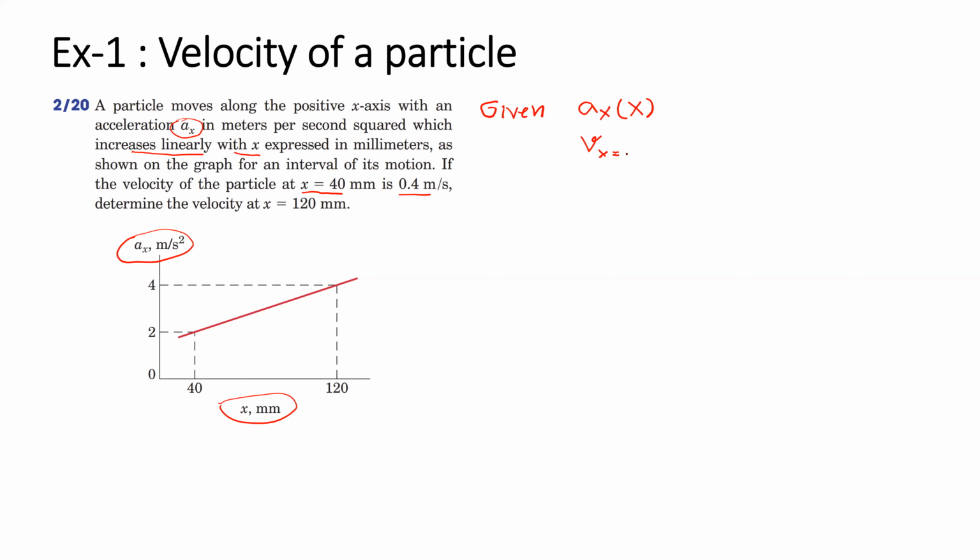I always try to write this in SI units. 40 millimeter is 0.04 meter. So the velocity at this position is equal to 0.4 meter per second.